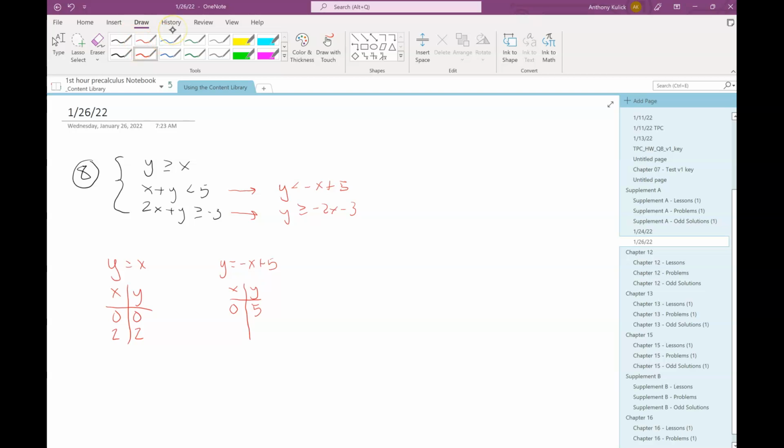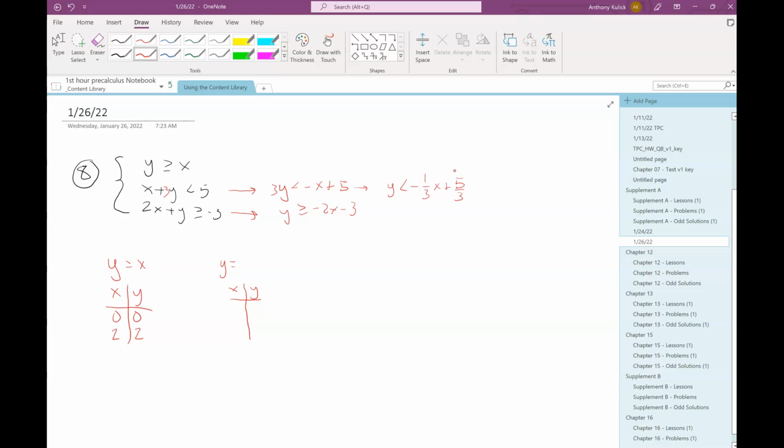Oh, cool. So 3y, 3y. That's going to change. All right. y less than or equal to negative 1/3 x plus 5/3.